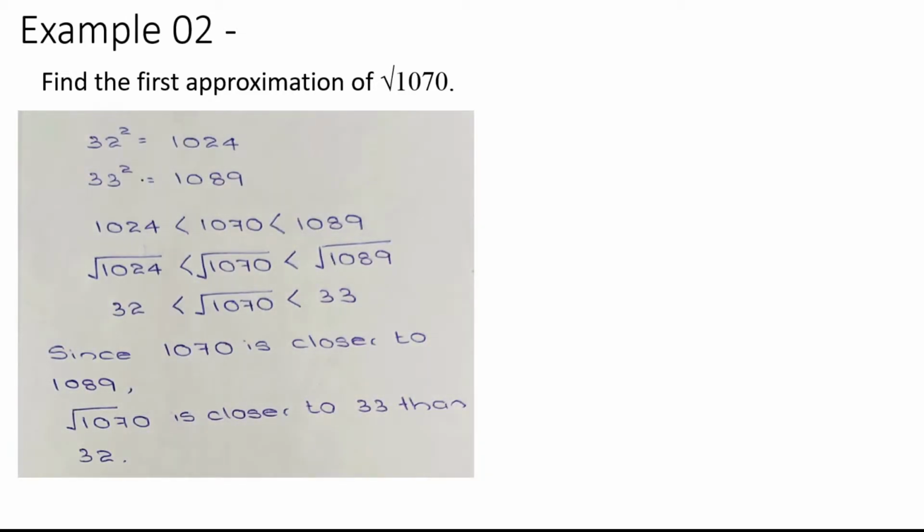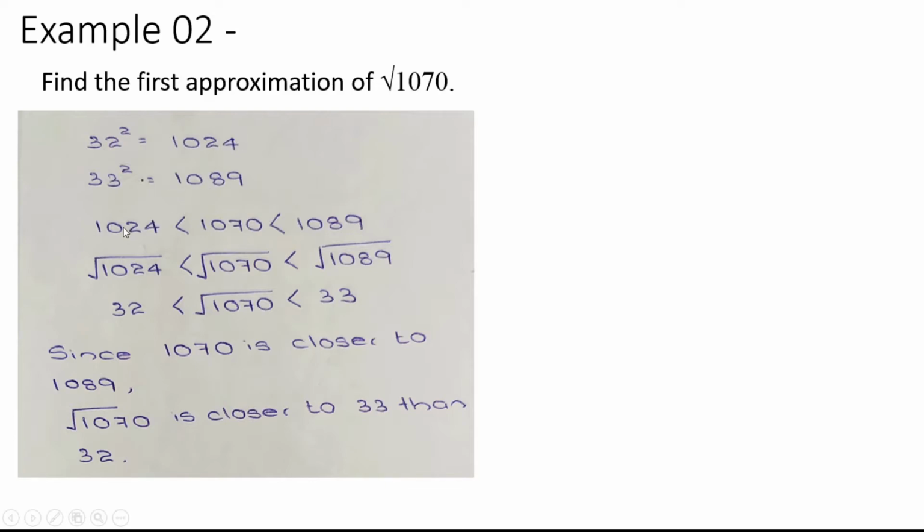So, to find the perfect square numbers close to 1070, try finding the square numbers of 31, 32, 33. Then you will see that the square of 33 is 1089. This is the perfect square number which is greater than and closest to 1070. So, the perfect square number which is less than and closest to 1070 should be 32 squared, that is 1024.